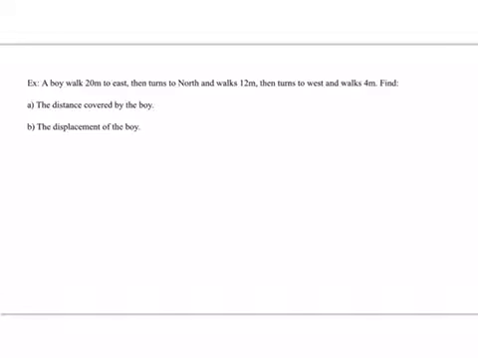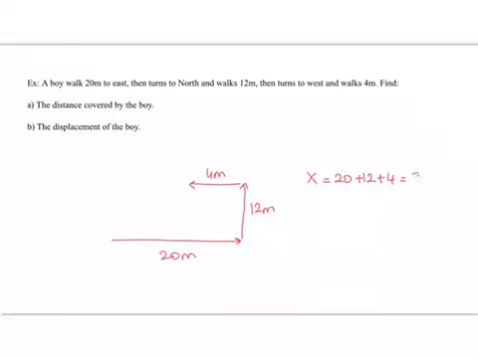A boy walks 20 meters to east and then turns to north and walks 12 meters, then turns to west and walks 4 meters. The distance covered by the boy is 20 plus 12 plus 4, which is equal to 36 meters.